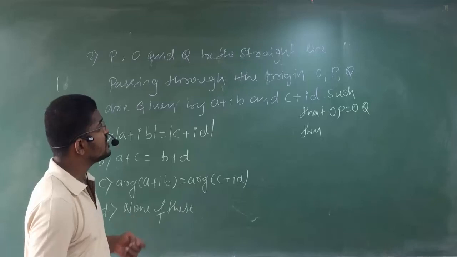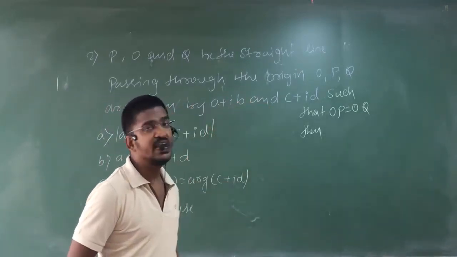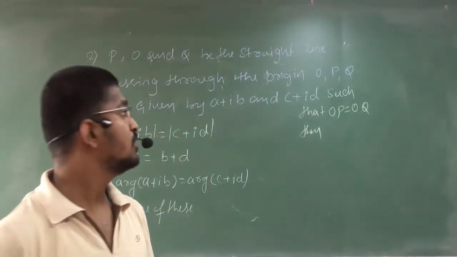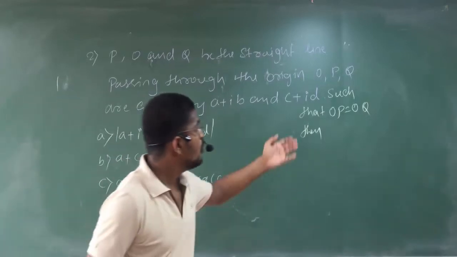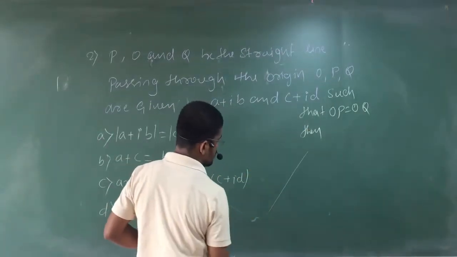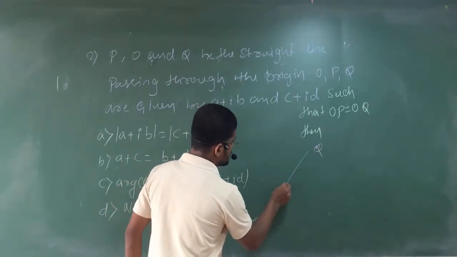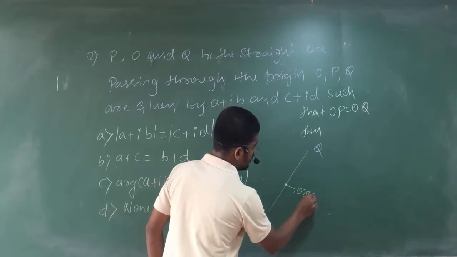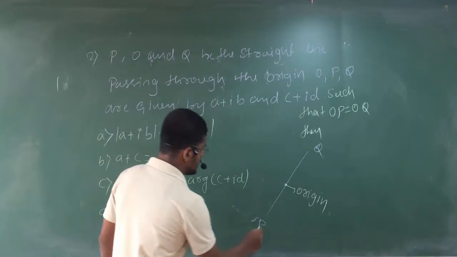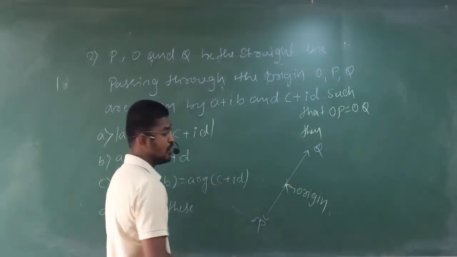Then it is also given that A plus IB and C plus ID are the 2 points through which the line is joining, such that OP equals OQ. That means, see here students, this is P, this is Q, the line is passing through the origin. They are telling that OP and OQ are equal.